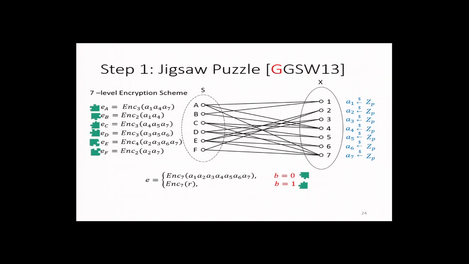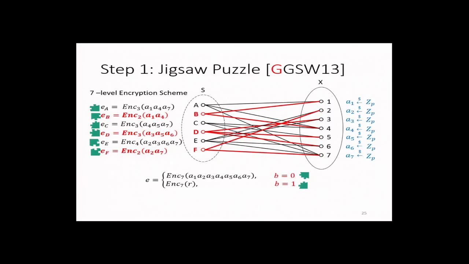Let's see, if I give you an exact cover, how could you use these pieces to recover the bit B? And it's fairly natural. As described before, an exact cover in this graph is described by these vertices B, D, and F. What I'm going to do is look at the ciphertexts or the encrypted pieces corresponding to these vertices. And well, what can I do with them? I can multiply them. If I multiply them, what do I get?